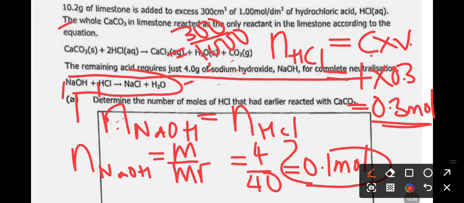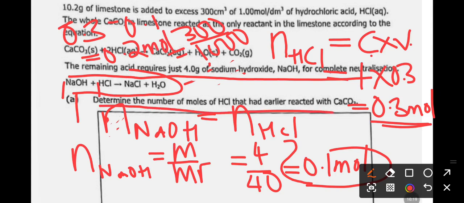Therefore, 0.3 minus 0.1 is equal to 0.2 mole, which means we have determined the number of moles of HCl that had earlier reacted with calcium carbonate. So here the answer is 0.2 moles.